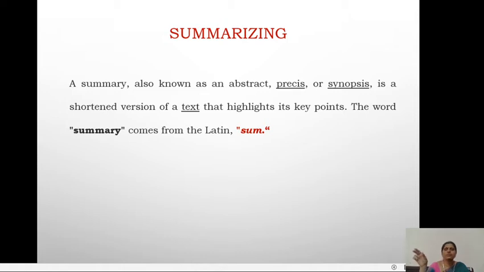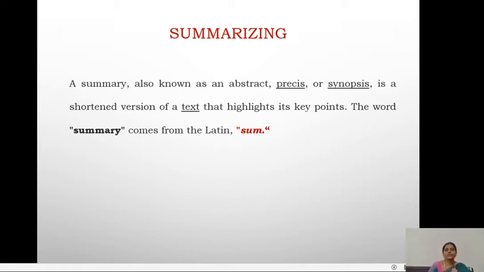What are the main points that we have to focus on? Only those main points or the main ideas of the author would become your summary. The word summary comes from Latin, which means sum. Sum in the sense here, summing up all the main ideas or all the main points of the original text.